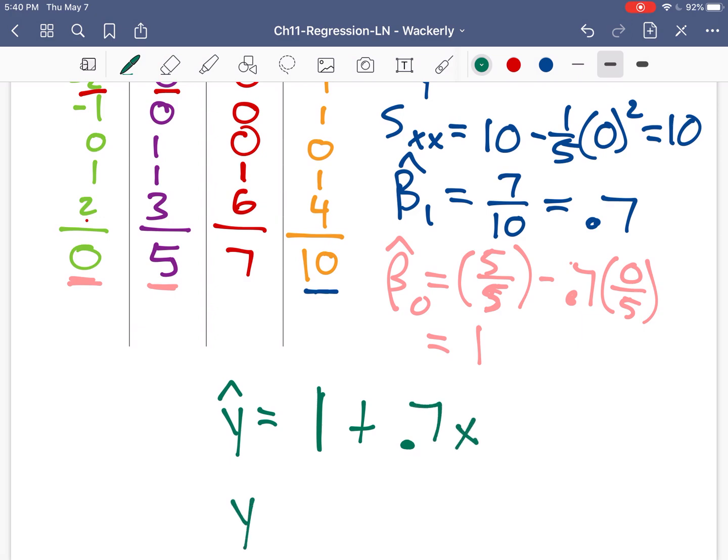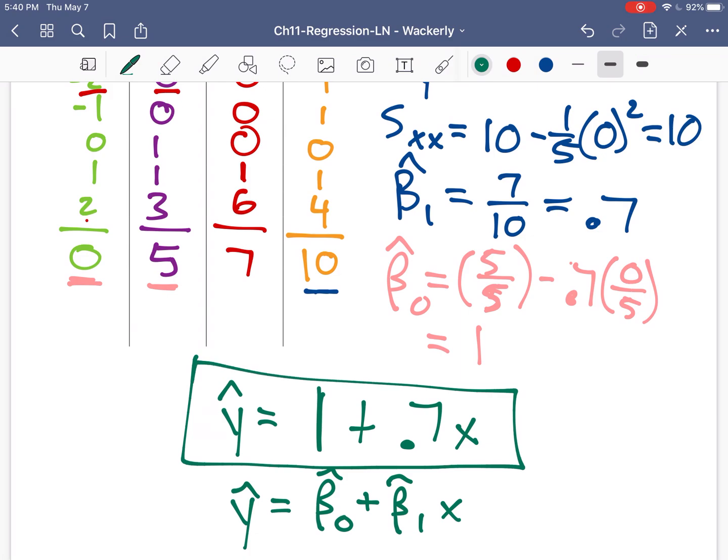So that is the line that best fits this data.